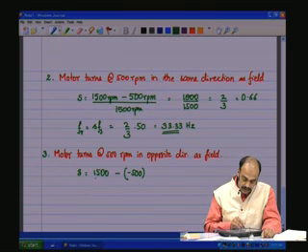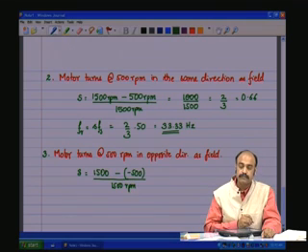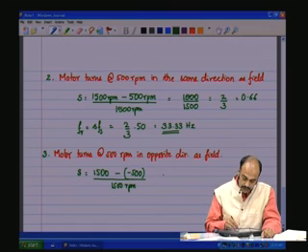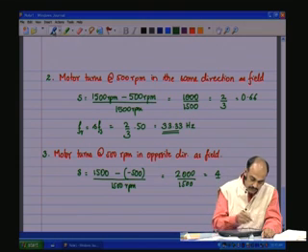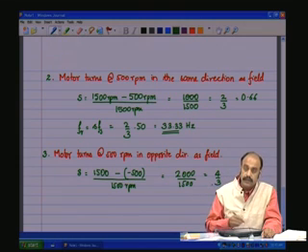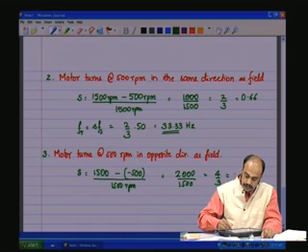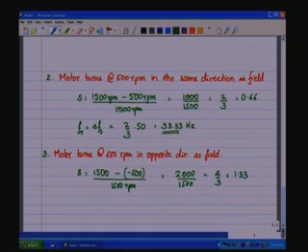This is because of the reversal of the direction. So this gives you 2000 by 1500, which is, sorry, 4 by 3, which is equal to 1.33.